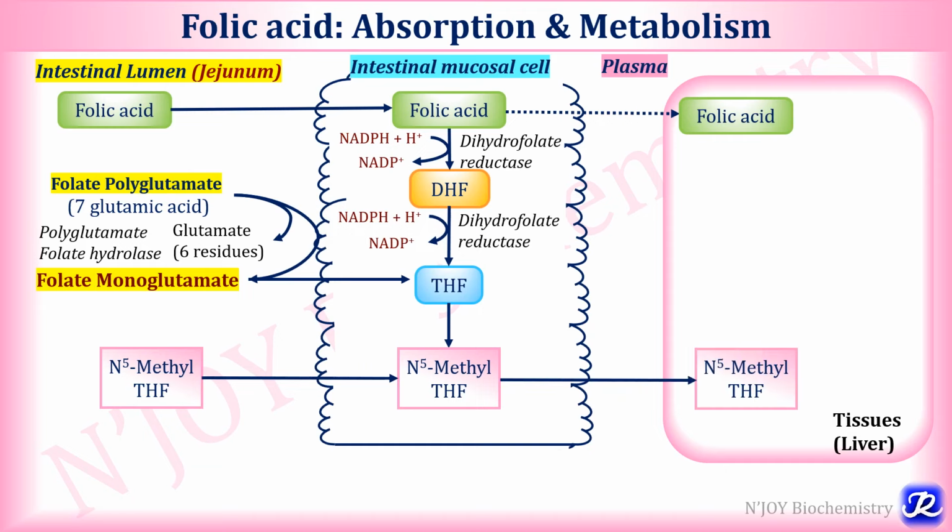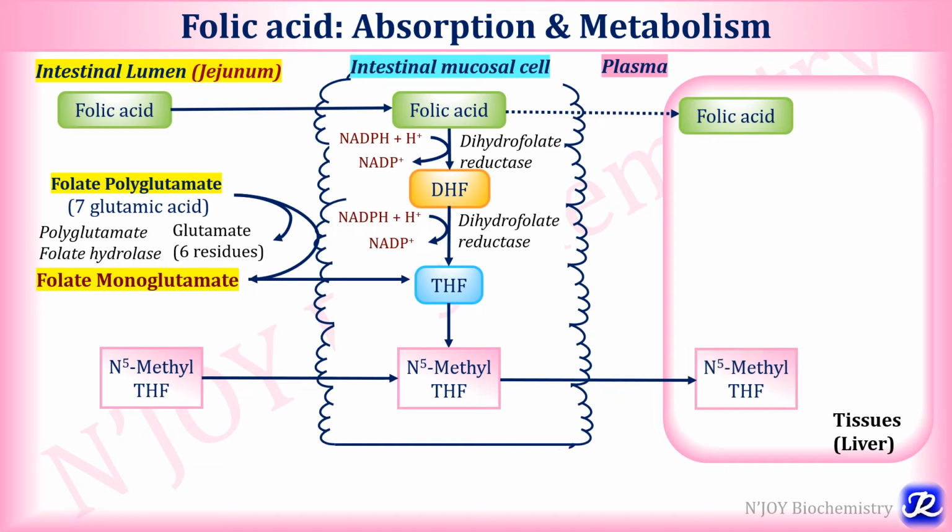Now, the regeneration of methionine from this homocysteine requires vitamin B12 as well as folic acid, and the enzyme methionine synthase or homocysteine methyl transferase, because the homocysteine requires a methyl group so that methionine can be formed.